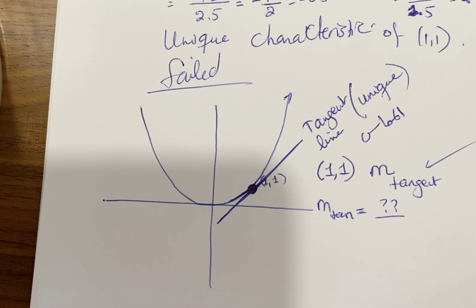Obviously, this slope will represent the point. It's something very unique about that point. But for every slope, we needed how many points to calculate it? 2. We couldn't get it. So the secant's slope was easily calculated, but it wasn't unique. The tangent has a unique slope, but the slope cannot be calculated.